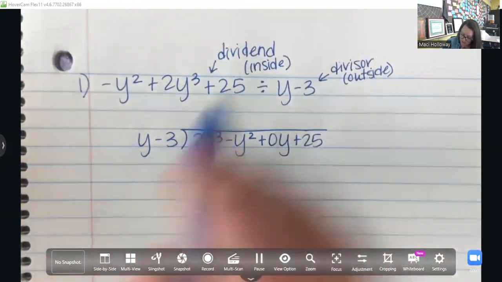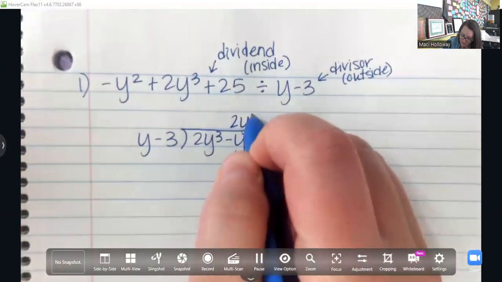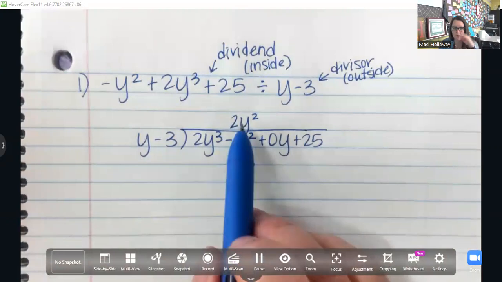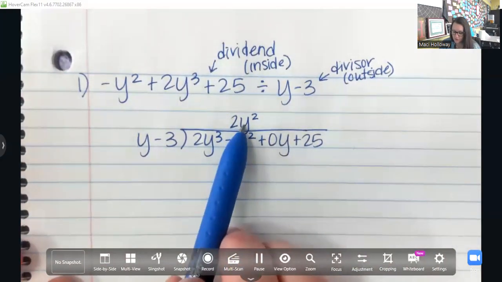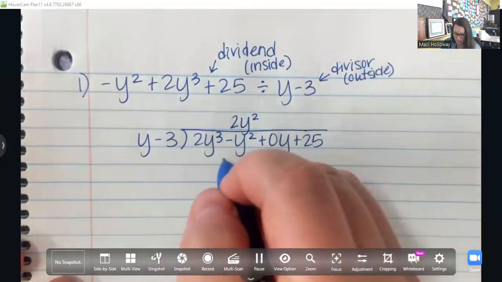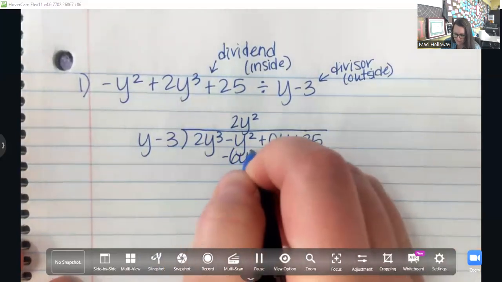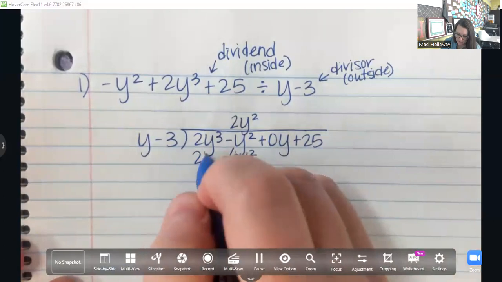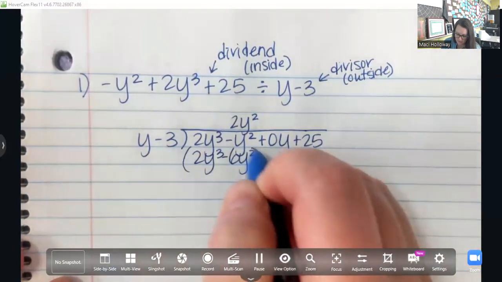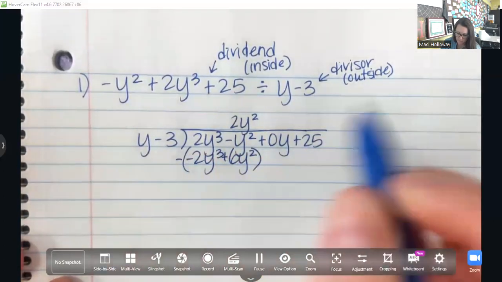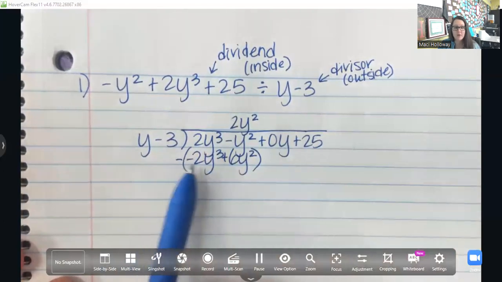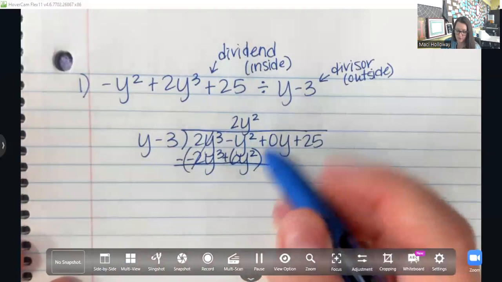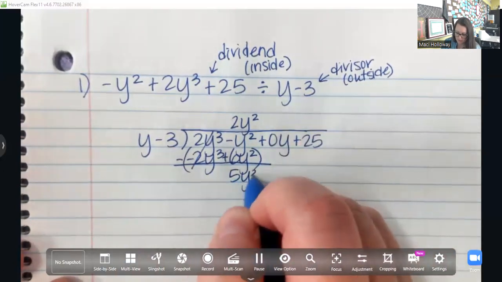So I'm going to say y times 2y squared, and notice I'm putting it above the y squared so I have my form right. 2y squared times negative 3 is negative 6y squared, and 2y squared times y is 2y cubed. Our goal is to eliminate these first ones, so we're going to subtract, which means that these cancel here. And I'm going to bring down the rest, which would be 5y squared.